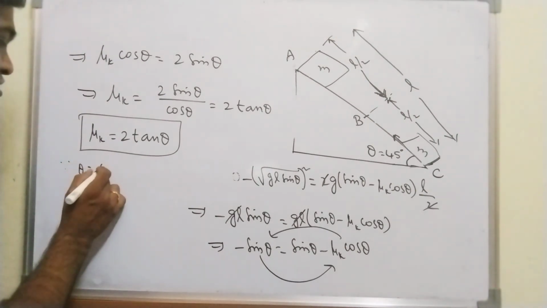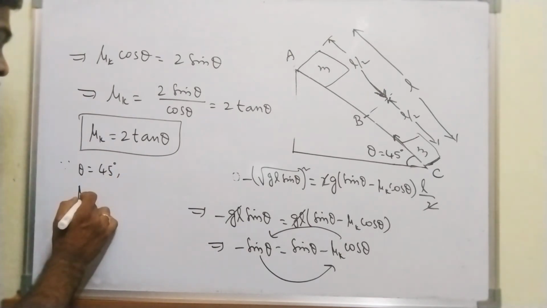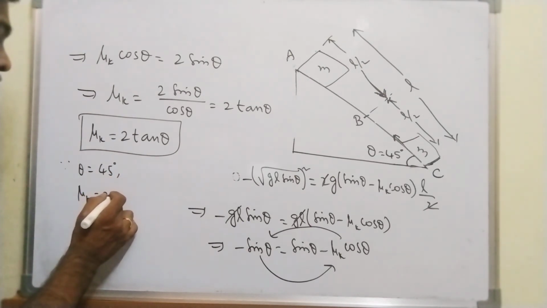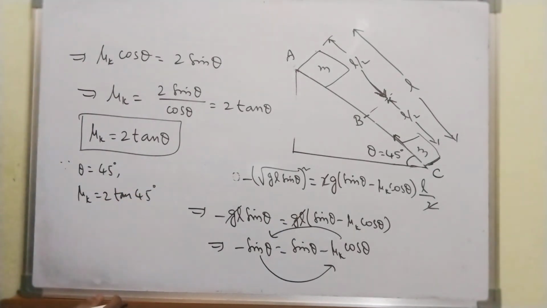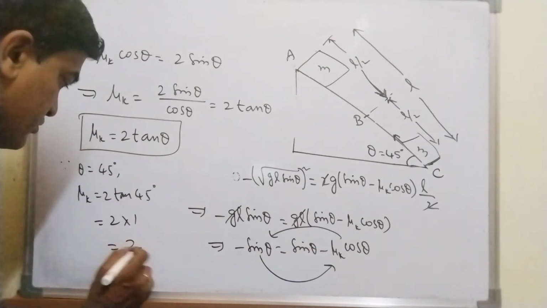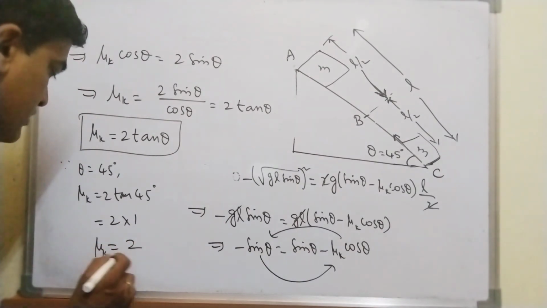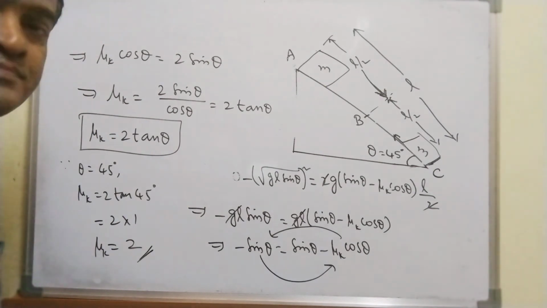Since theta is equal to 45 degrees, mu k is equal to 2 into tan 45. Tan 45 degrees is equal to 1. So 2 into 1 comes out to be 2. This is the value of the coefficient of kinetic friction.